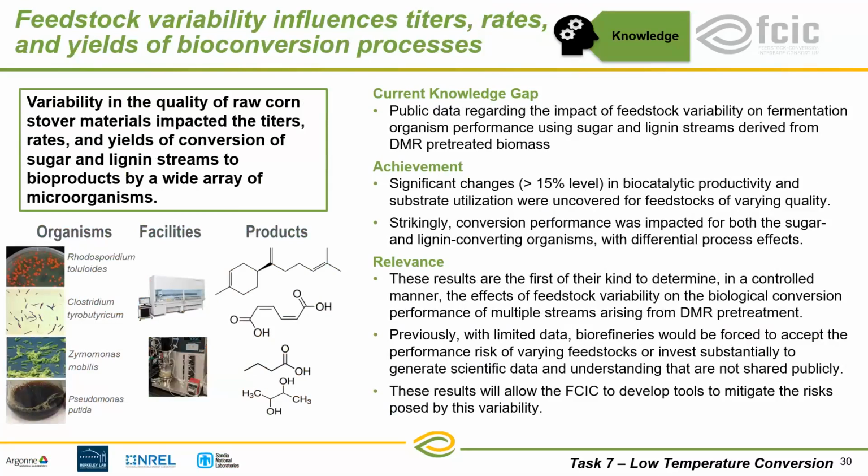This work has shown, again, statistically significant changes in biocatalytic productivity, the rate, the titer, the yield, as a function not only of that anatomical fraction differences we just talked about, but also on whole corn stover samples that had different levels of inorganic material and different levels of moisture during its harvest, storage, and pre-processing. The purpose of this work is not only to identify those differences, but also to feed the data into the modeling portion of the work.